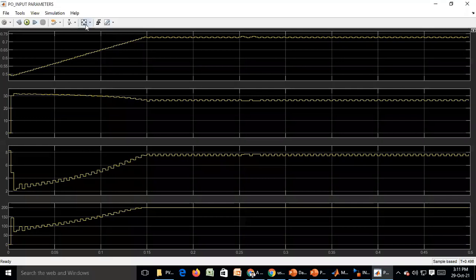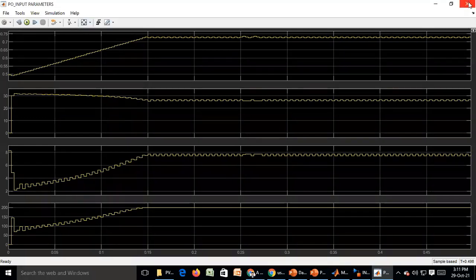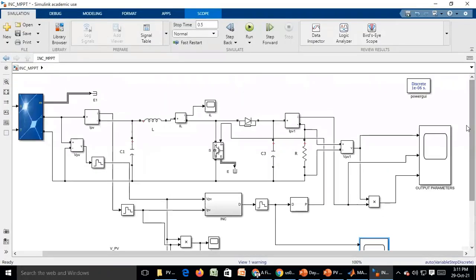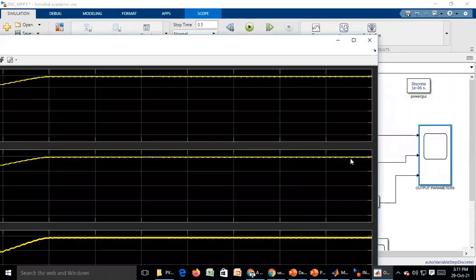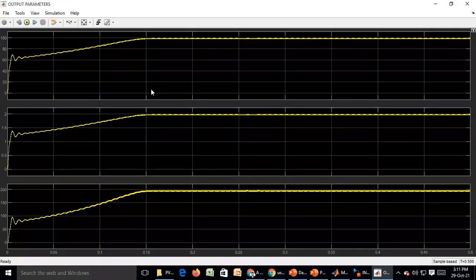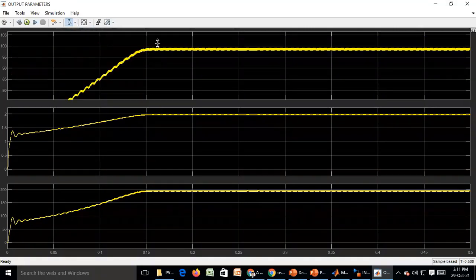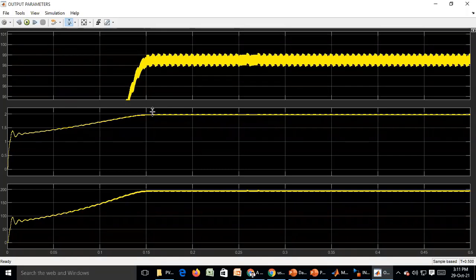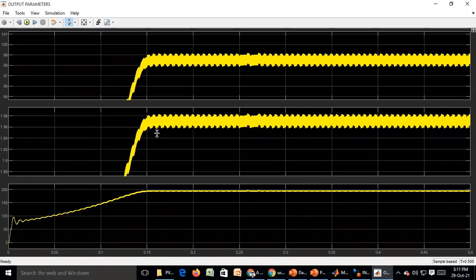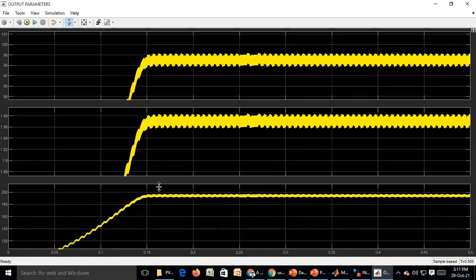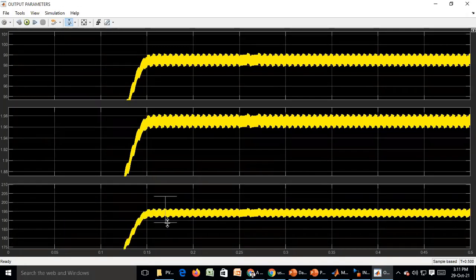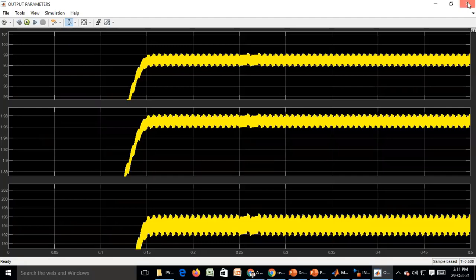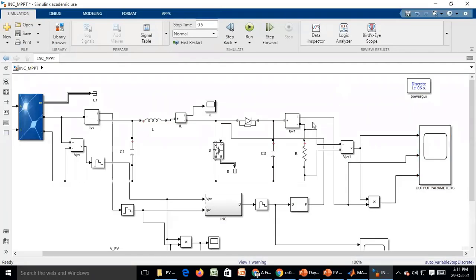You see this, the settling time went a little bit high. Now the output parameters of the boost converter are approximately 100. Earlier in the P&O it was 100 point 2, but here it is 99.1.9 and total power received is 195. Earlier it was approximately equal to 200.